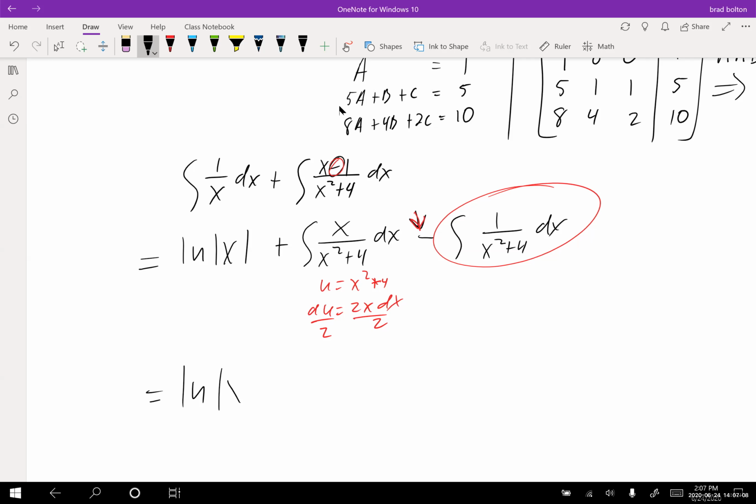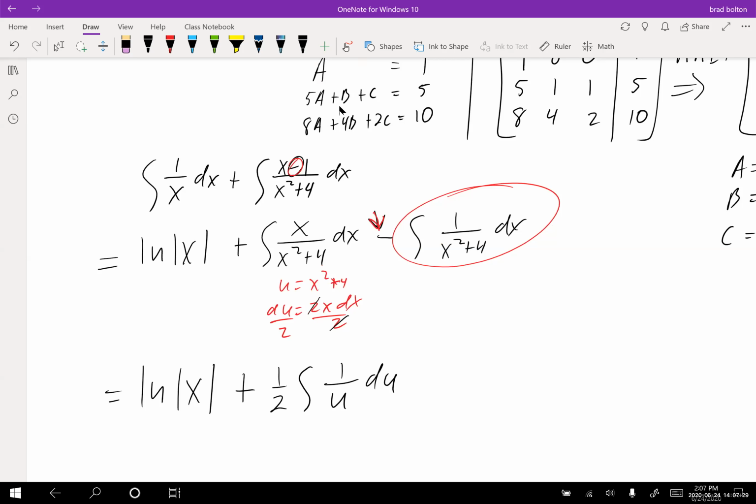ln of the absolute value of x plus 1/2 integral of, what would this be? 1 over u du. That cancels with that. Let me just make sure. Yes. 1 over u du minus tan inverse.